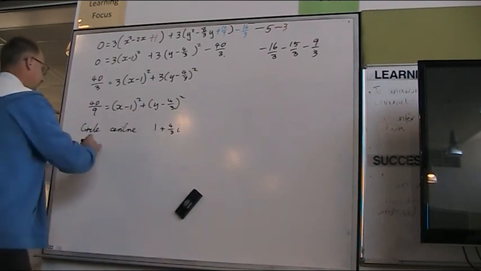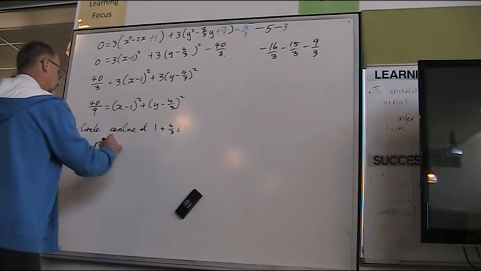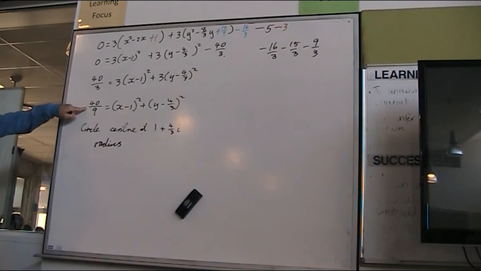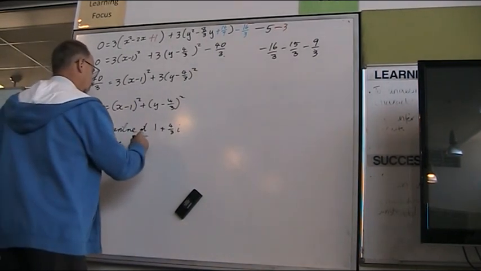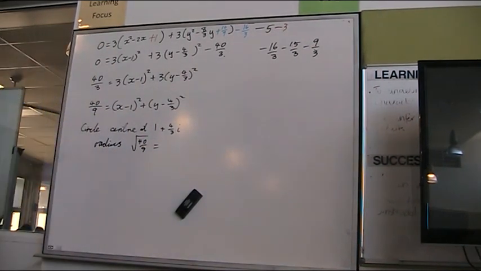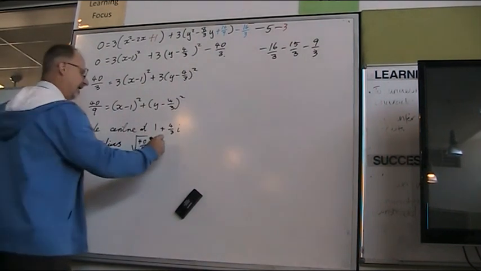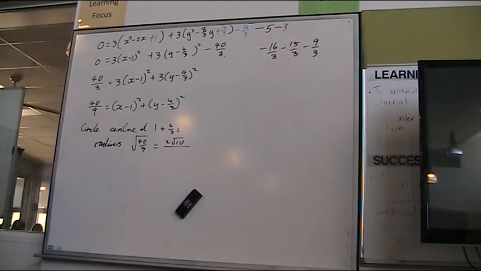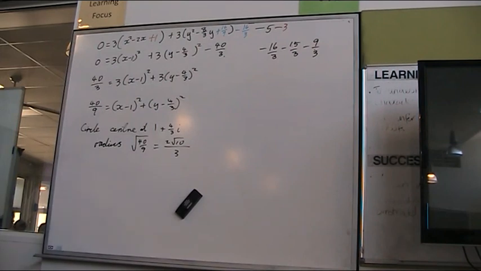And radius, to get the radius from this we square root, which would be the square root of 40, 4 goes into there 10 times, so 2 root 10. The square root of 9 is just 3.